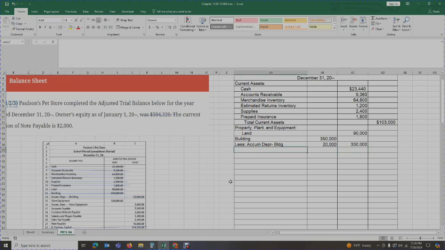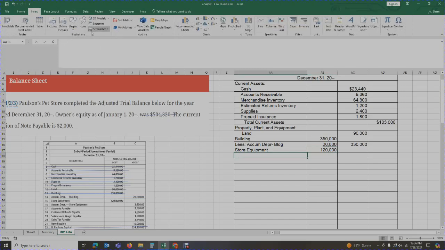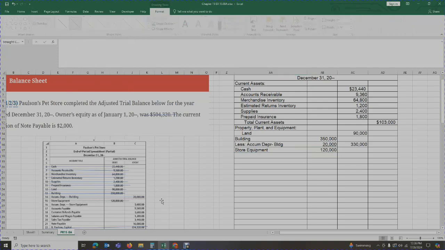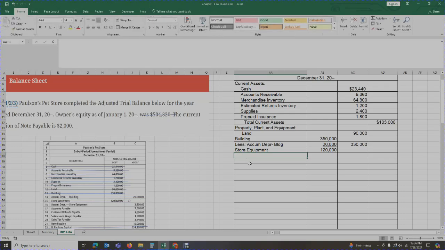Okay. Next we have store equipment. Okay. I have store equipment that I paid $120,000 for. Okay. So I'm going to mark that off, my store equipment. And it's been depreciated by $3,600. So I'm going to deduct the accumulated depreciation for the store equipment.